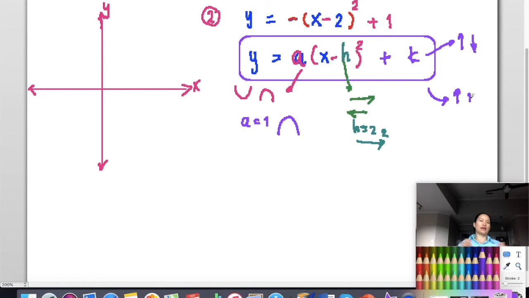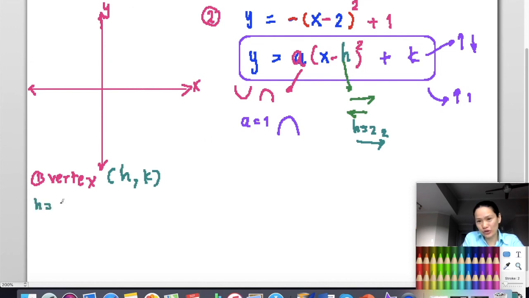Now, the next step, how about we find the vertex first? We know that the vertex equals (h, k). Our h equals 2, our k equals 1, so our vertex is (2, 1).